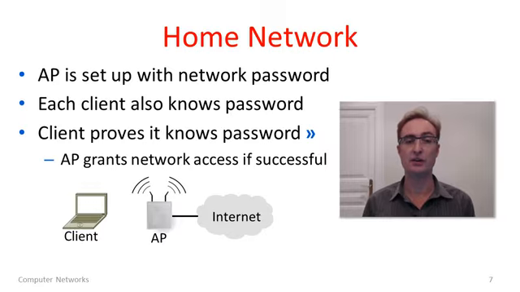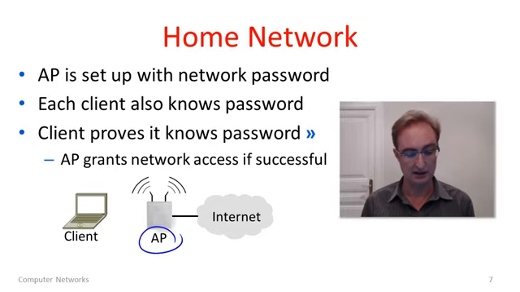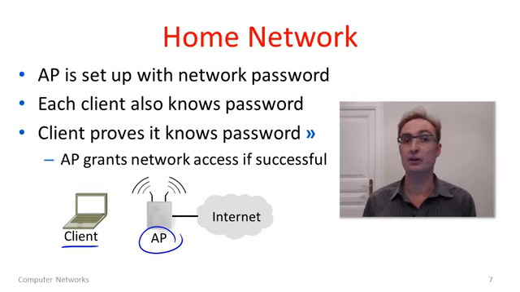I'd like to just talk briefly about two different settings in which it can be used, so you can relate the way you use it to the different settings. The first setting is your typical home network setting. And in this setting, the AP here is set up with a network password. This is where you have to enter the password for the network. And the actors in this system really are just your clients, like your laptop, and your AP. Every client or every user who is going to use the network also knows the network password, or they need to be able to access the network.